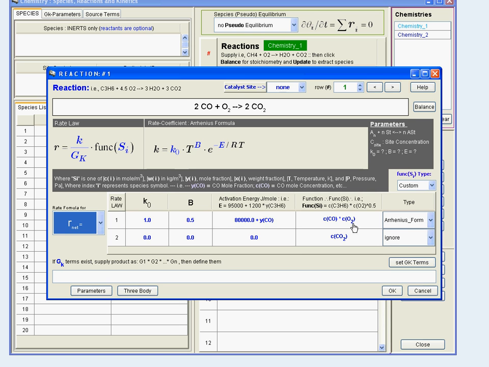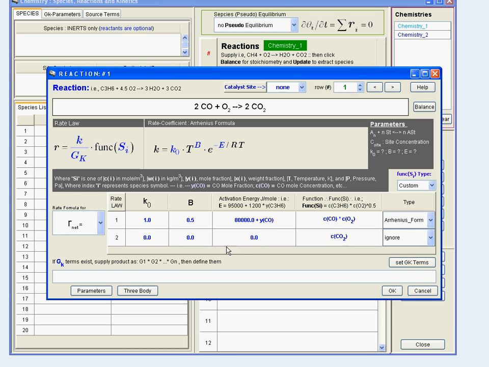Now, by default, all the rates are considered to be irreversible. They could be reversible. So there are four types of reversible rates that one may use, or one may just supply any user defined formula in this box here. Basically, any UDF can also be used in this position.